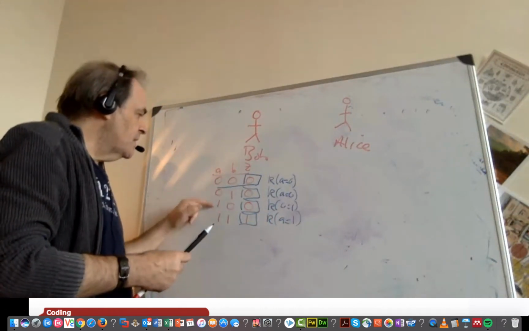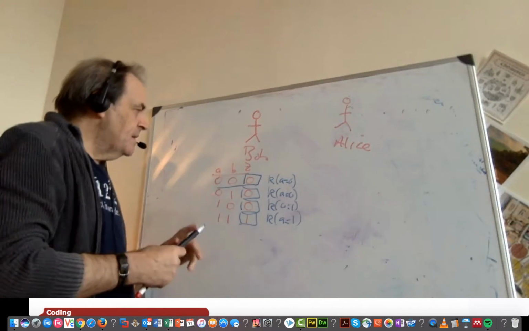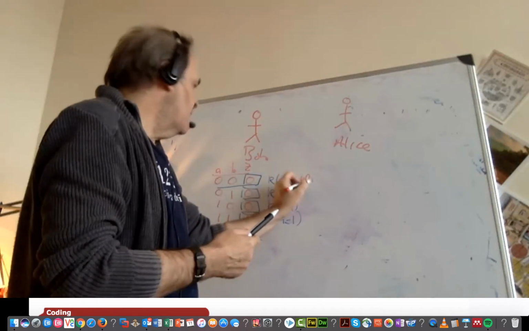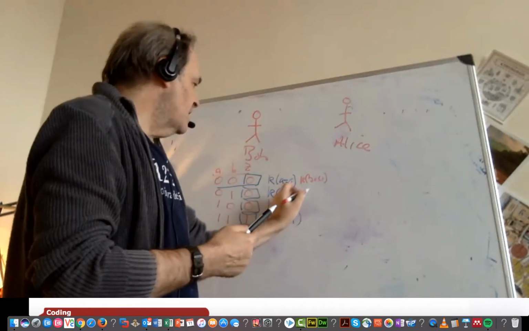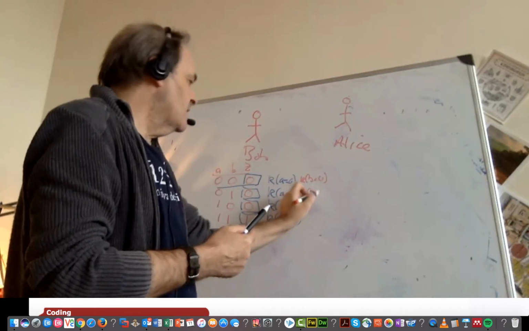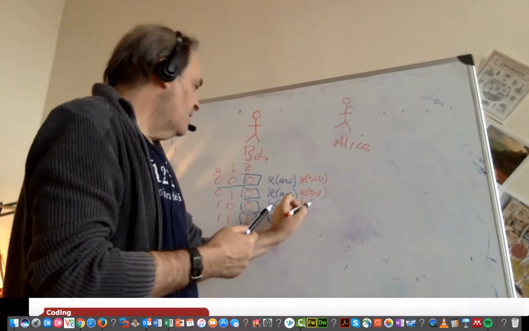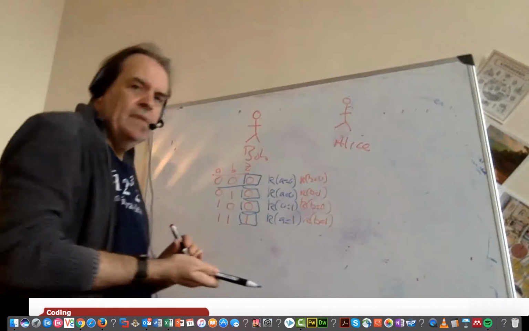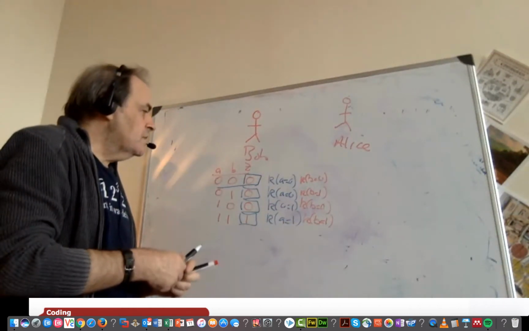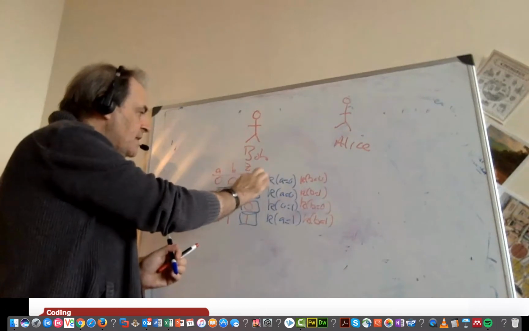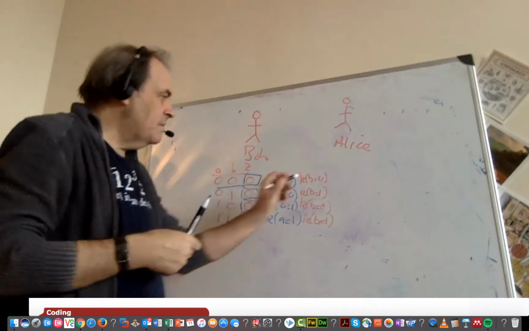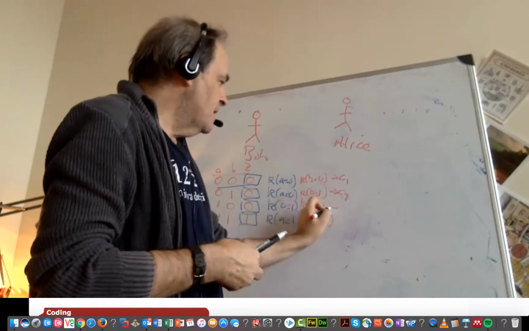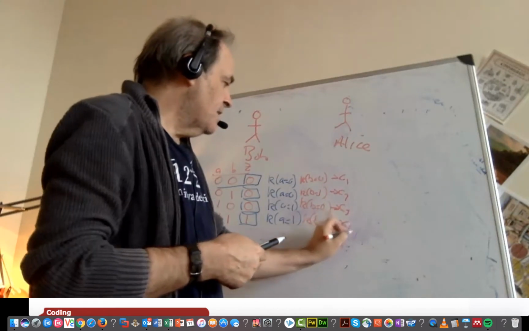Okay, so we're going to use two keys there. Then we'll also have a key for B equal to 0, a key for B equal to 1, a key here for B equal to 0, and a key here for B equal to 1. And then the two keys are used to encrypt these values. So we'll have an output here, and we'll call that cipher 1, cipher 2, cipher 3, and cipher 4.